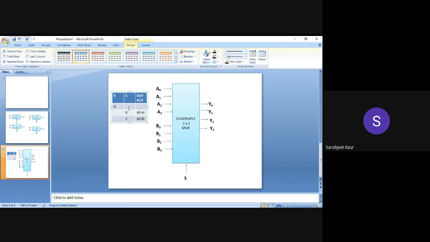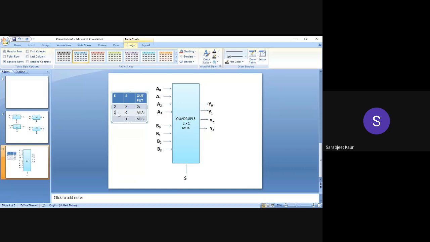How do we write this? We say that whenever the value of E is 0, then I don't care whatever is the value of S, the output is all zeros. That means the output is not considered to be valid. It should not be considered as valid.